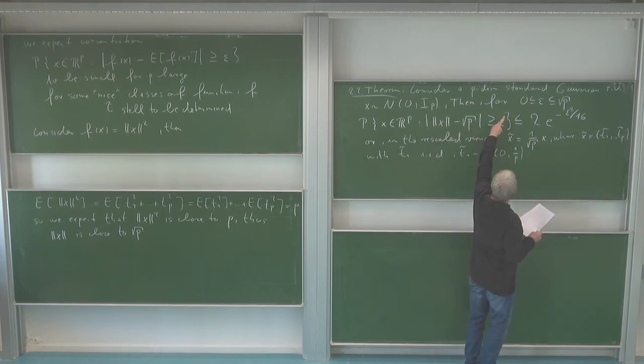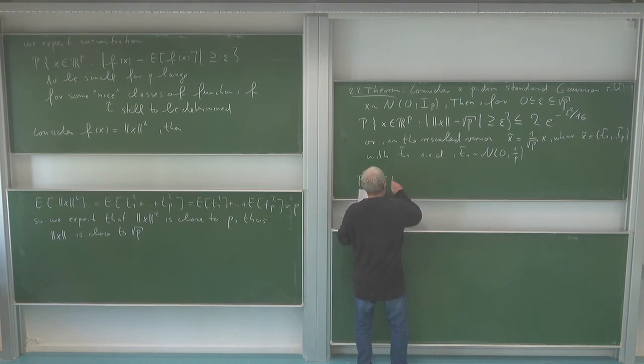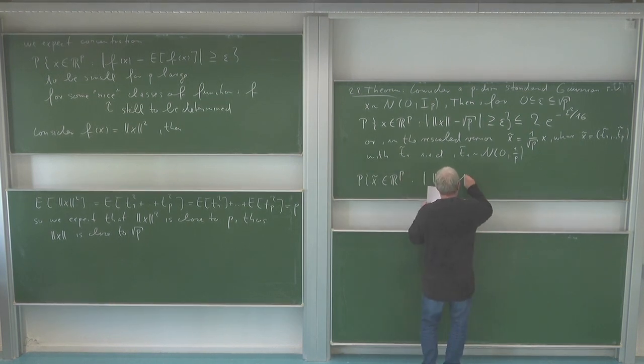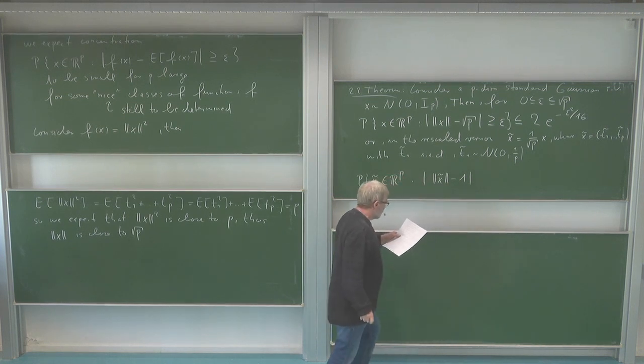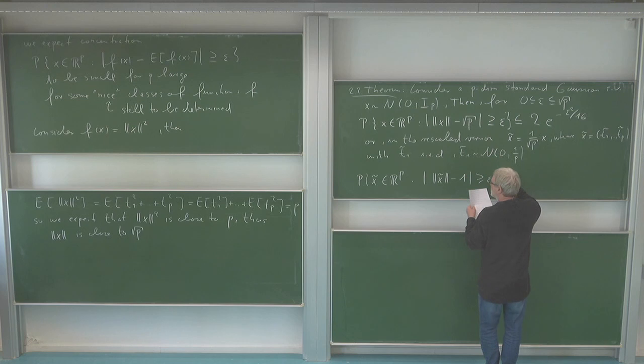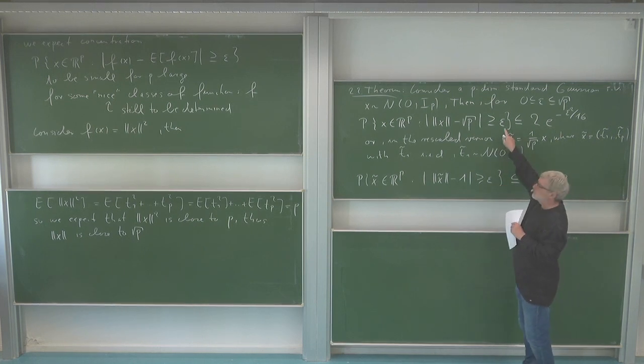Okay, but anyhow, if I rewrite this essentially by dividing everything by the square root of P, and then also replacing the epsilon by epsilon divided by square root of P, I get that the probability that those rescaled random Gaussian vectors have a norm with a deviation from 1 which is bigger than epsilon is smaller than 2 times the exponential. And what was here epsilon?